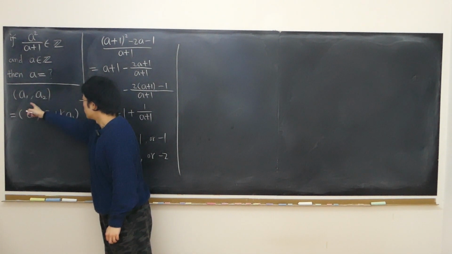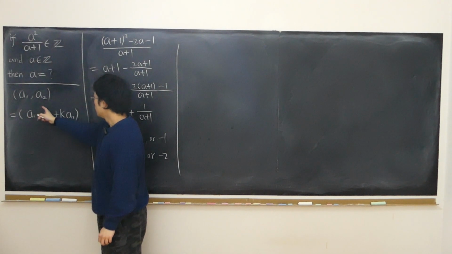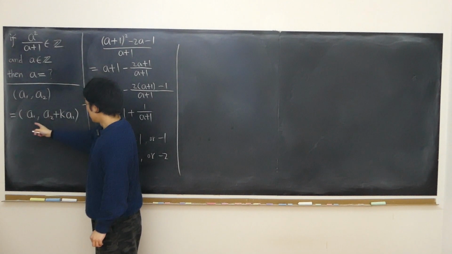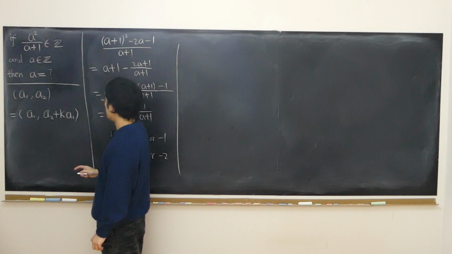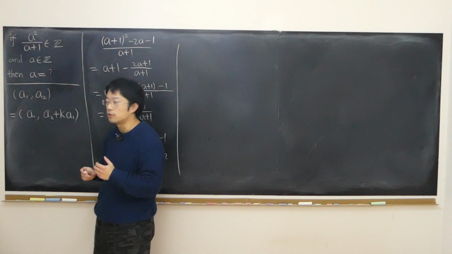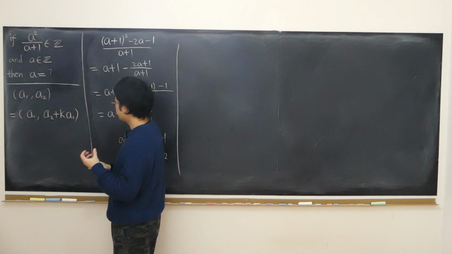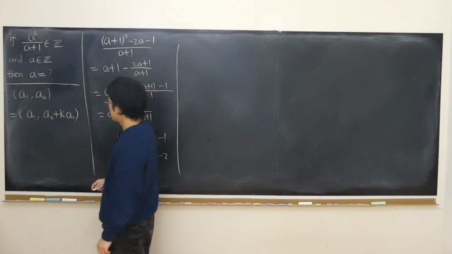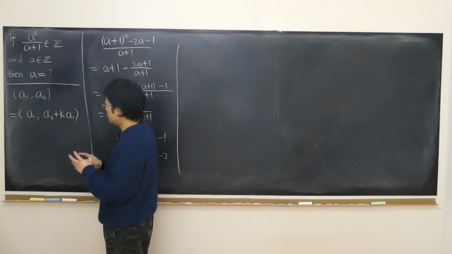The greatest common divisor of two integers, a1 and a2, should be equal to the greatest common divisor between a1 and a2 plus k times a1. K can be any integer. So in other words, if we select one of the integers, let's say a1, it doesn't matter, it could be a2.